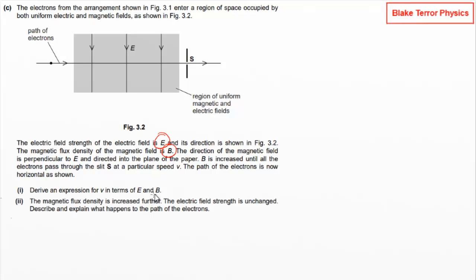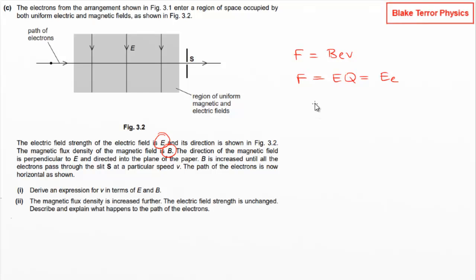So yeah, this is your velocity selector. So we've got for our magnetic field, we've got that the force is equal to Bev, these are electrons, so let's go e v. Then for the electric field, we've got that E is F over Q. So that means that our F is going to be E times Q, which is E times the charge on an electron, because we're dealing with electrons here.